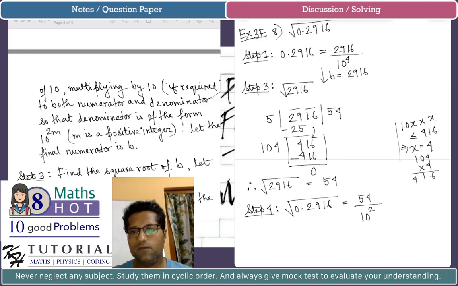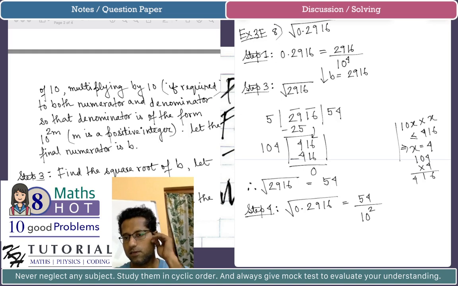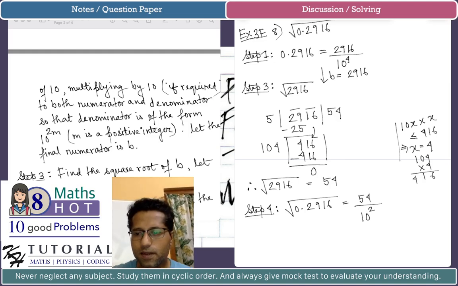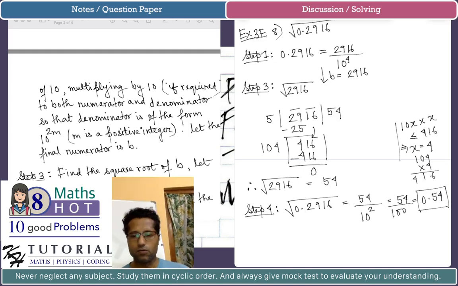So we divide by 10 squared, half of 4. And we know this is 54 divided by 100, which is 0.54. So this is the value of the square root of the given number 0.2916.